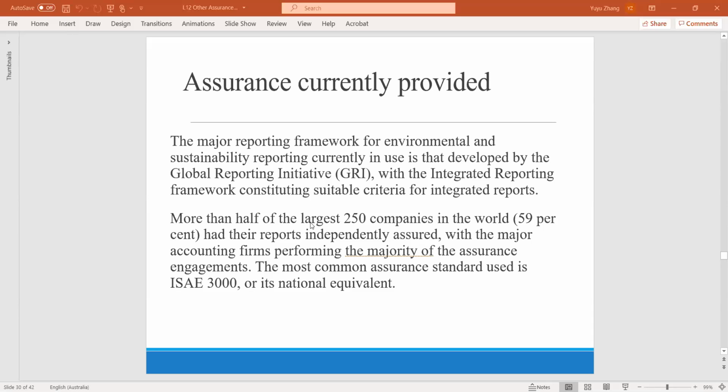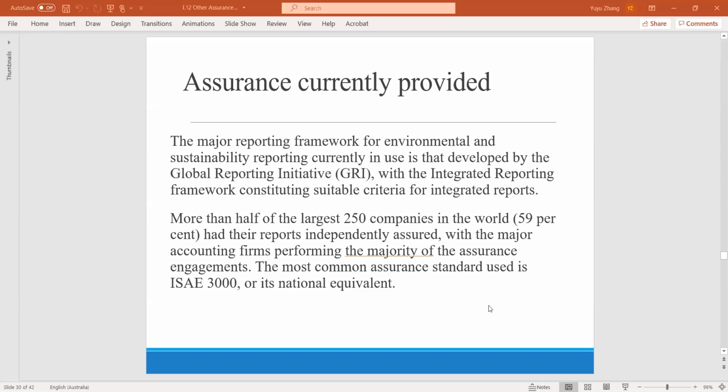One more thing I want to raise attention to is that assurance services on the CSR report could be done by accounting professionals or by other industrial consultants, because this kind of reporting and assurance is totally voluntary.